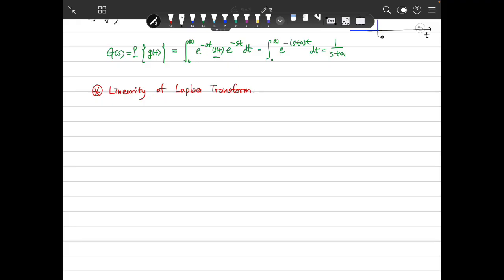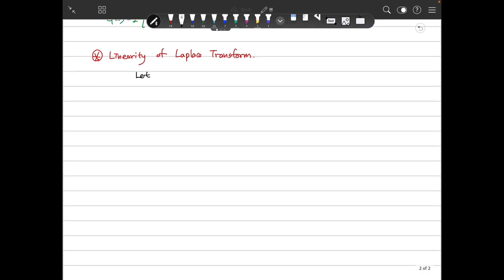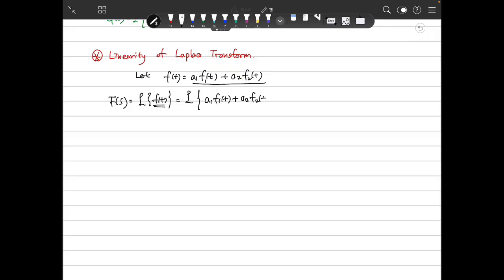Let f(t) be a function a1 f1(t) plus a2 f2(t). Then what is F(s)? It is the Laplace transform of f(t), which is the Laplace of a1 f1(t) plus a2 f2(t).